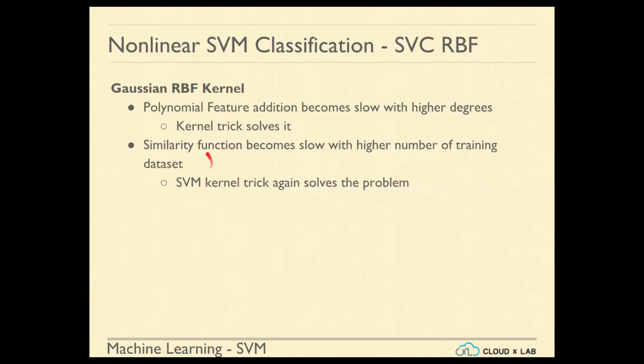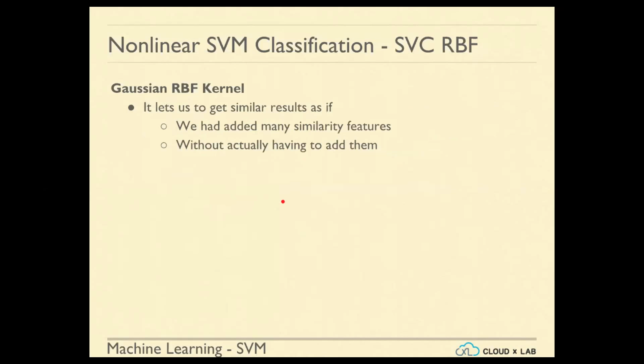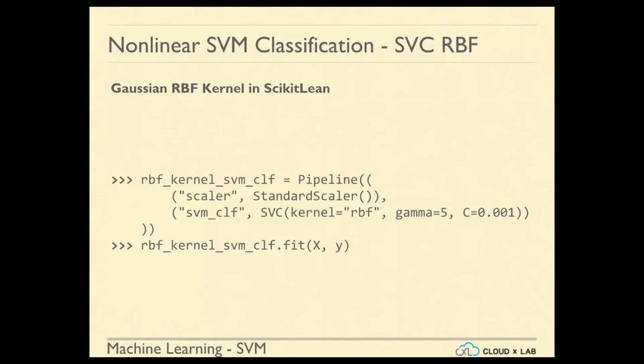Similarly, when we add similarity functions, again we'll have a lot of features, and again the SVM kernel trick will help you solve such a situation. So the RBF kernel, or simply the kernel, lets us get a similar result as if we had added many features without actually having to add them.